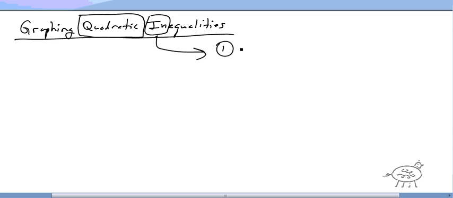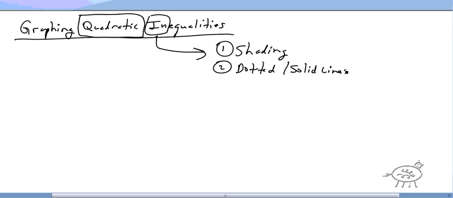You have shading, and the second part you have dotted and solid lines. Remember, if you have a dotted line, it's going to be a less than symbol or a greater than symbol, and the solid line is less than or equal to or greater than or equal to.